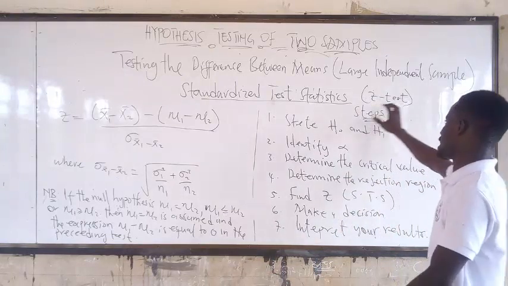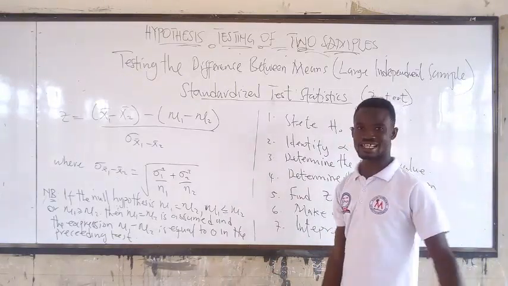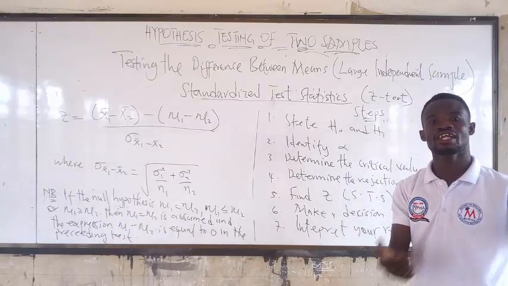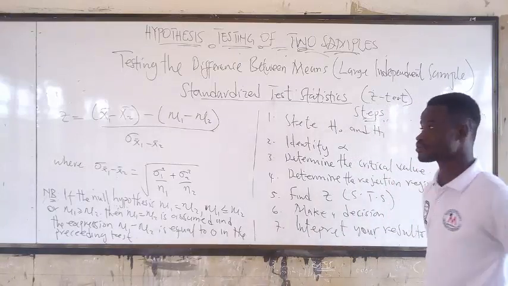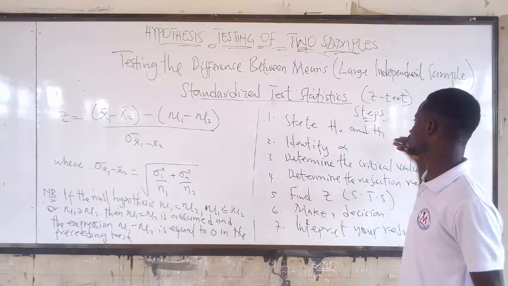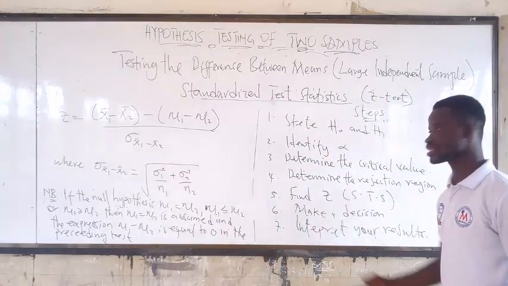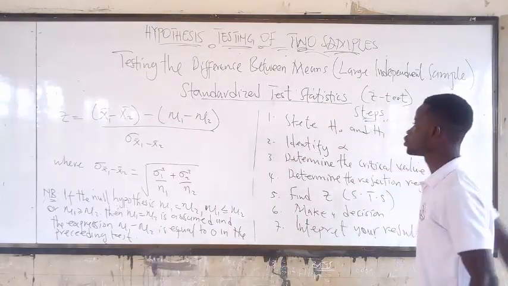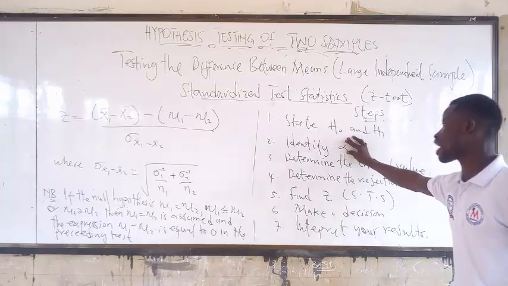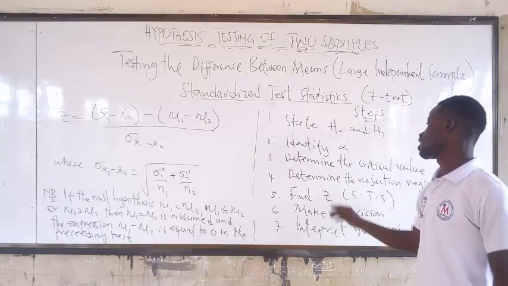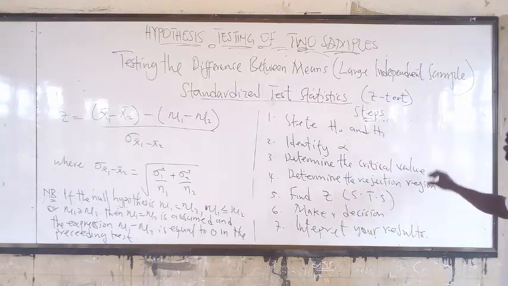So let's see the steps that we are going to go by. It's already what you know. One, you state H0 and H1, but here it's going to be with two parameters. Two, identify your alpha. Three, determine the critical value.